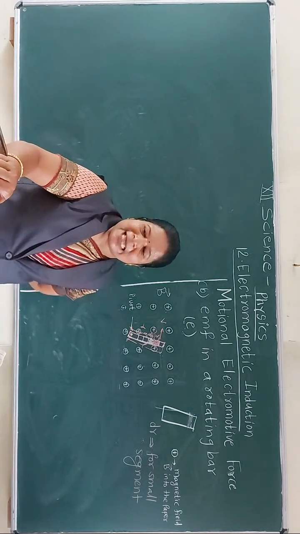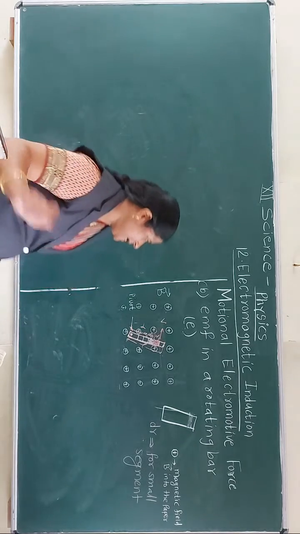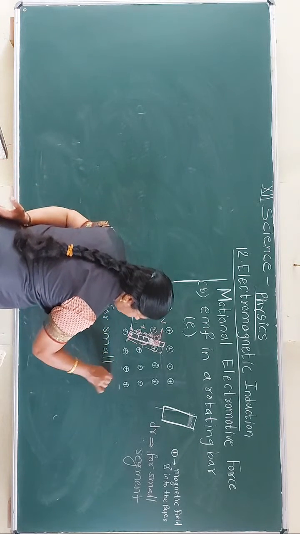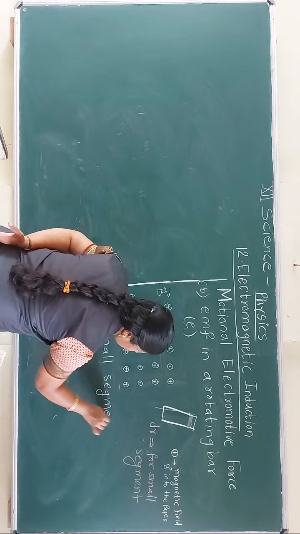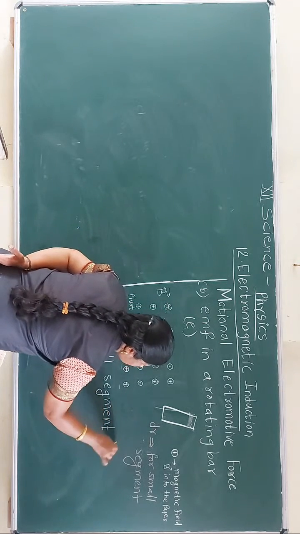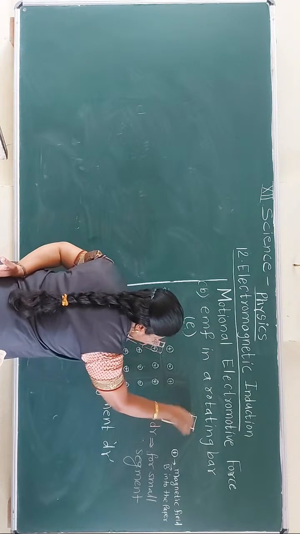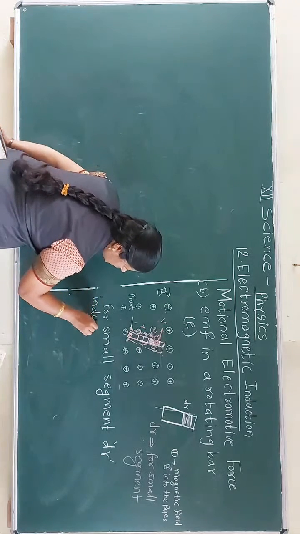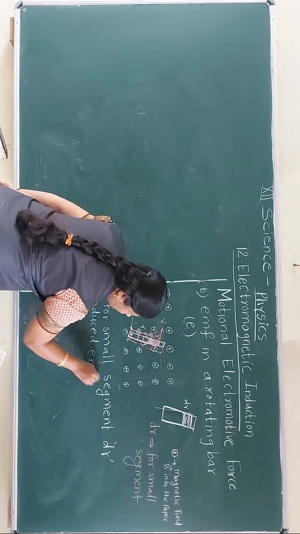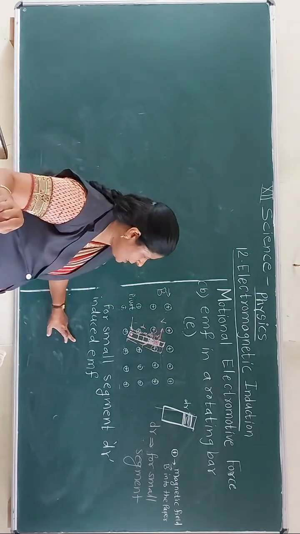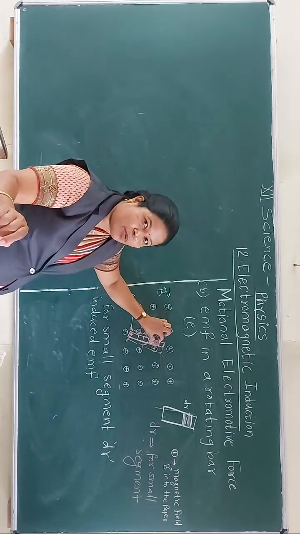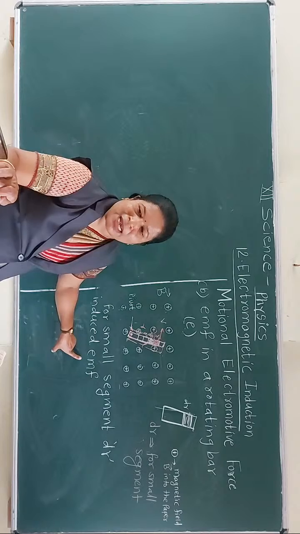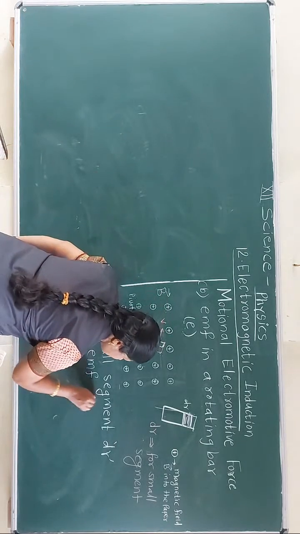So, for a small segment dr, the induced EMF is also small because this distance is small, and for this distance the induced EMF is also small, and we denote it as dE.